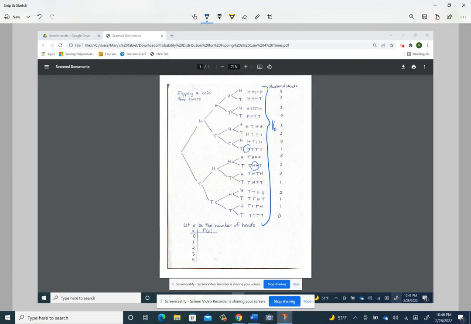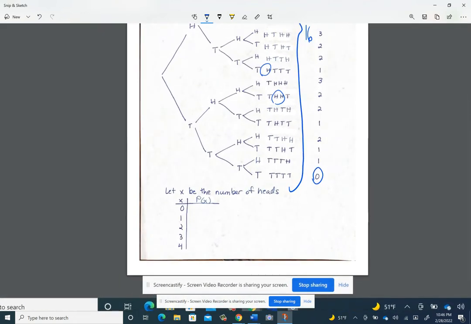Okay. So when you're looking at this, do you see how there's only one outcome where you didn't get any heads? So that's one possibility. I wish this were a little bigger. Let me see if I can make it a little bigger. Yeah. That's one possibility out of the 16 possibilities.